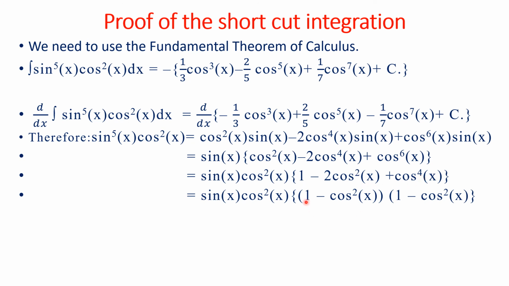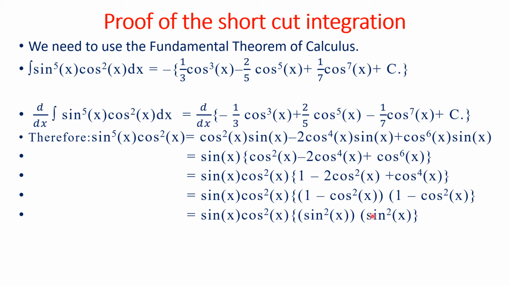But now we know that 1 minus cosine square x is equal to sine square x. So we can replace this by sine square x, and we replace this by sine square x. So we're going to get sine x cosine square x multiplied by sine square x multiplied by sine square x.